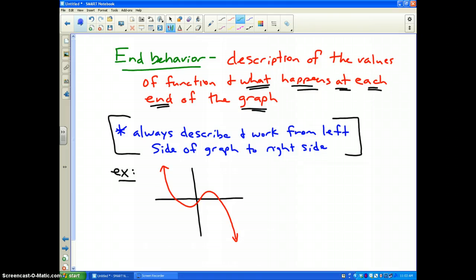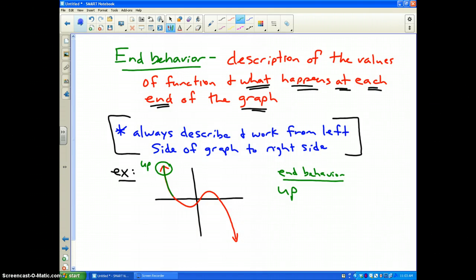So for example, down at the bottom, here's a graph, and if I ask you what is its end behavior, what I do is I start on the left side of the graph. This is the left end of the graph, and I call this up because the graph is going up from that side of the graph.